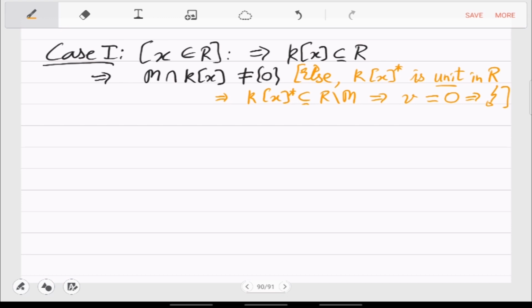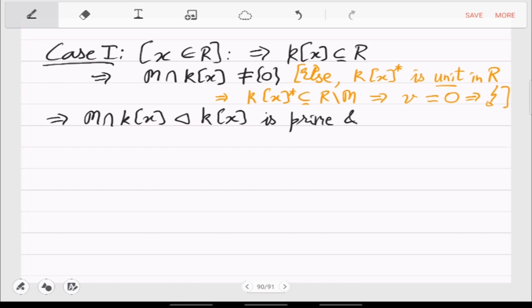So just by the non-degeneracy, you know that there is some element here, so this is then an ideal of K[x]. This basically reduces to the prime case which we did for integers. It is a non-zero prime ideal, and K[x] obviously has only principal ideals.